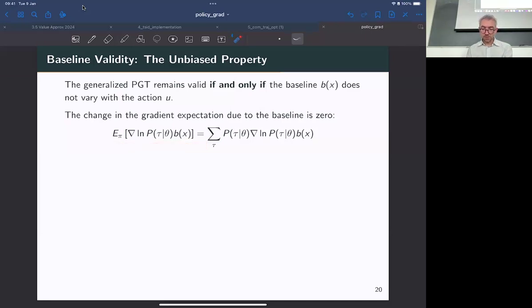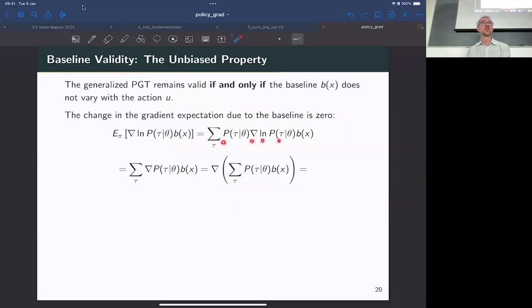It's quite simple to show that this is 0. You just go from the expectation to the summation scaled by the probability of every trajectory of this term here. Then here you have probability times gradient of the log probability.